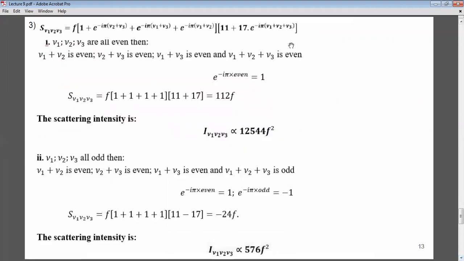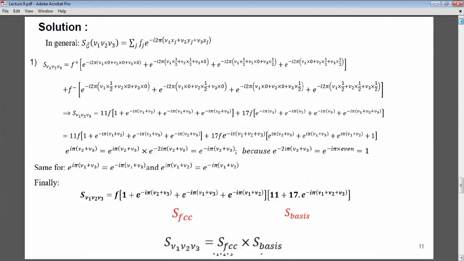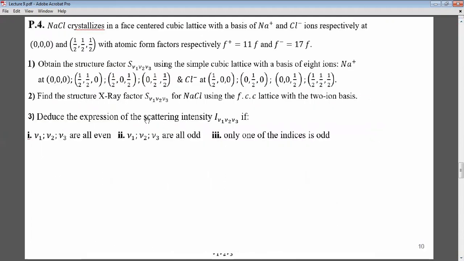Okay, part 3 in the question. Deduce the expression for the scattering intensity. Here you just have to remember that the scattering intensity is proportional to this S squared. Okay, so we want to do it if V1, V2, V3 are all even. Now I will go to my answer.